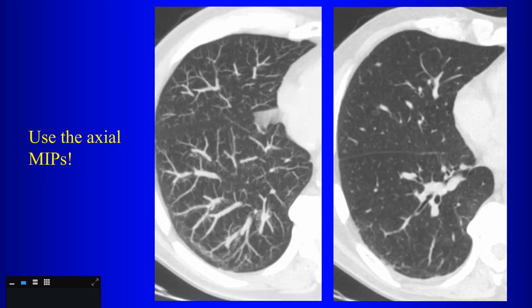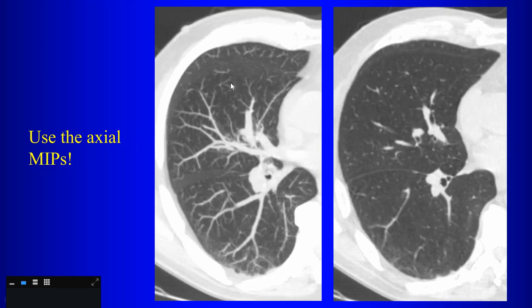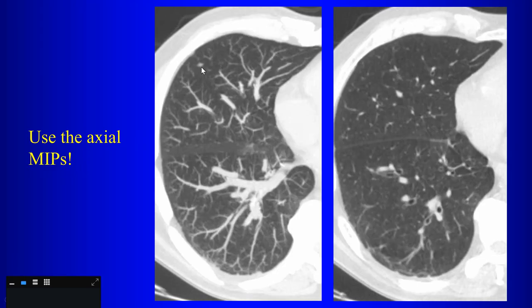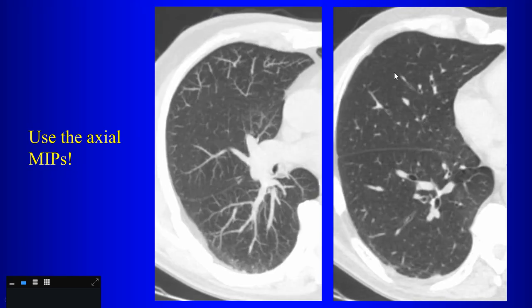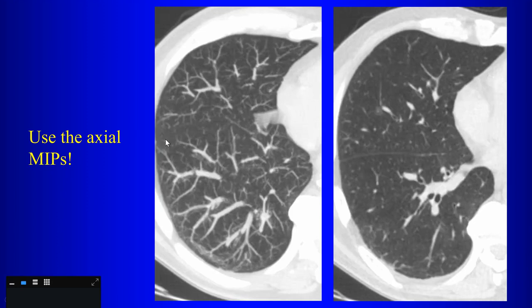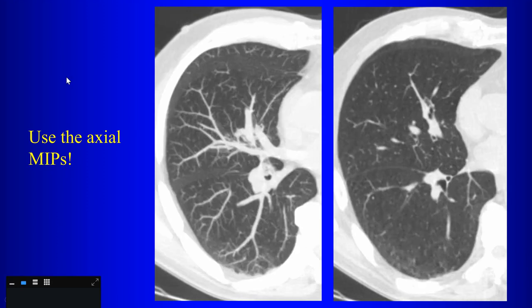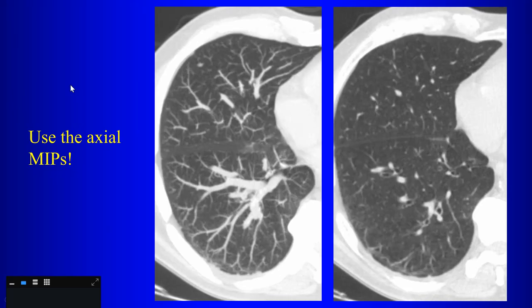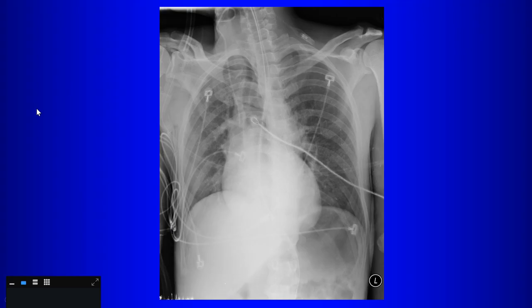So when you're looking for small nodules, really use the axial MIPs, because as you scroll through that, it is much, much easier to see these small nodules, and then you go back and find them on your thin sections. So that's one word of advice: really use your axial MIPs when small nodules become important, depending on the clinical question you're being asked on CT.